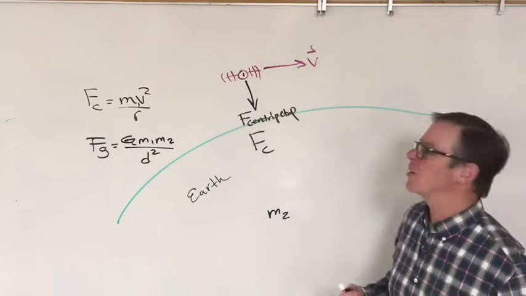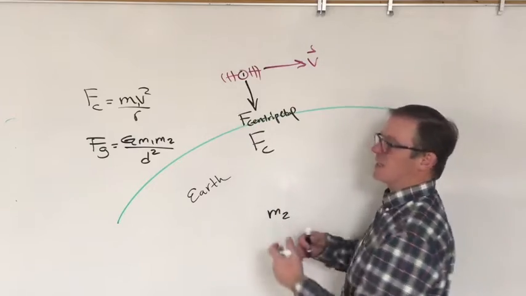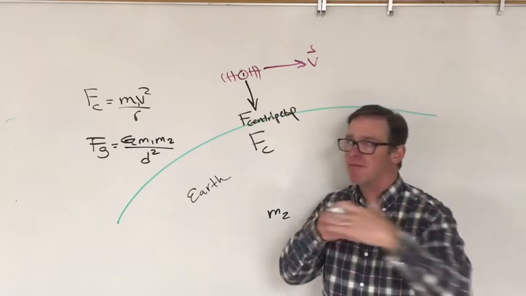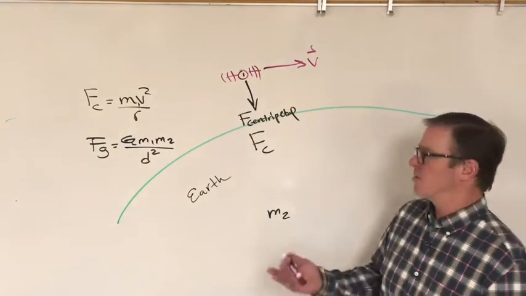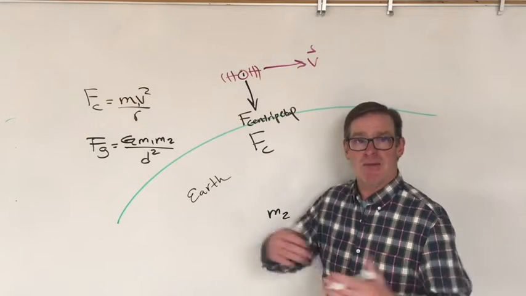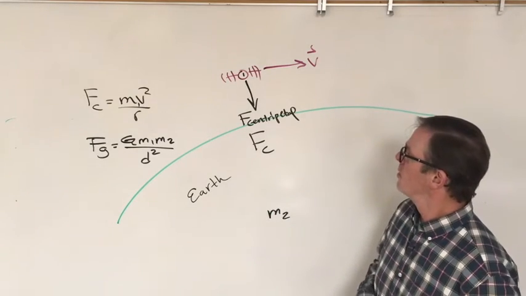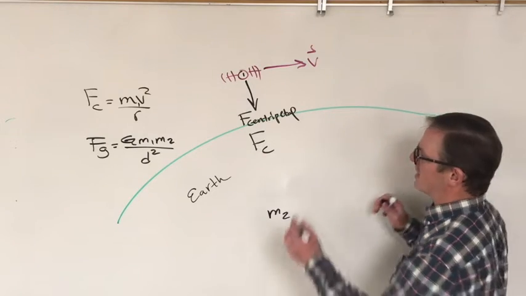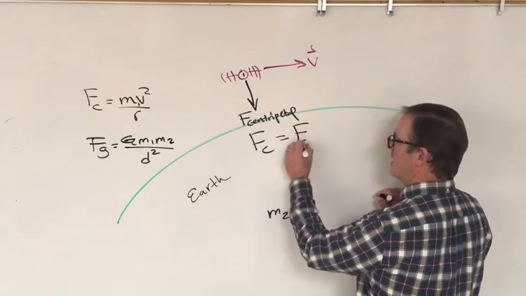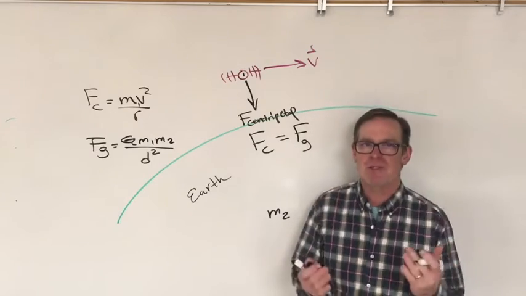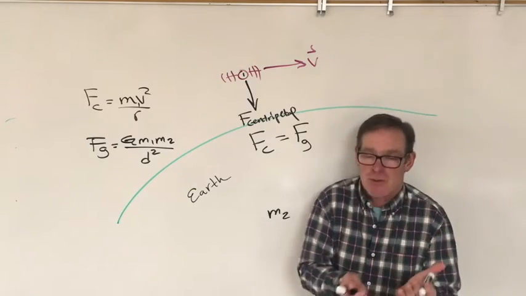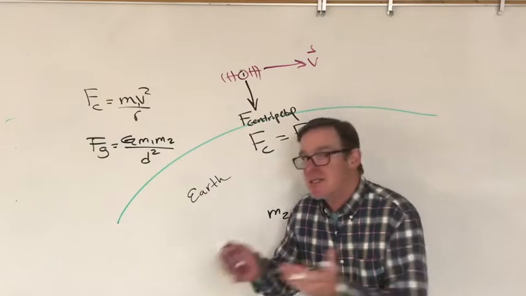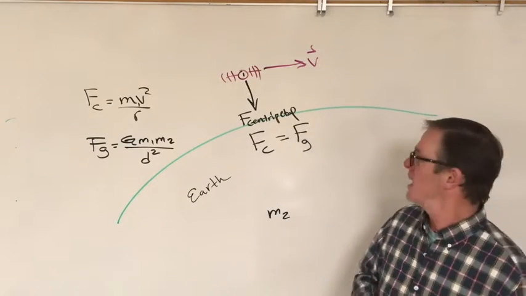For a low Earth orbit, let's pretend it's a treetop orbit very close to the Earth, and call the height the radius of the Earth. Because the centripetal force is provided by gravity, they are the same force. The centripetal force is gravity, and gravity is the centripetal force.